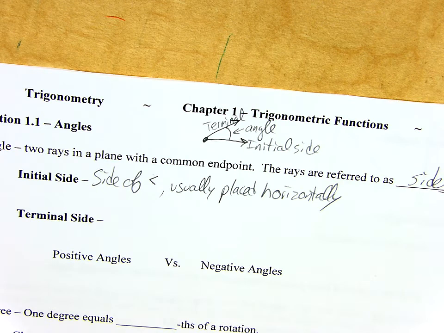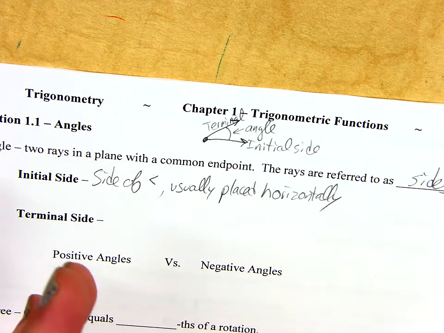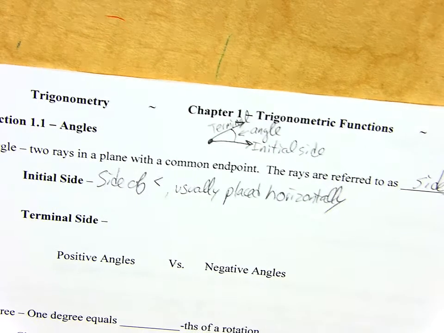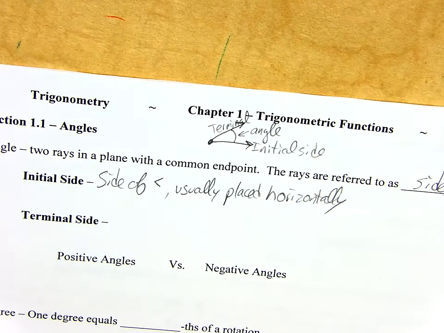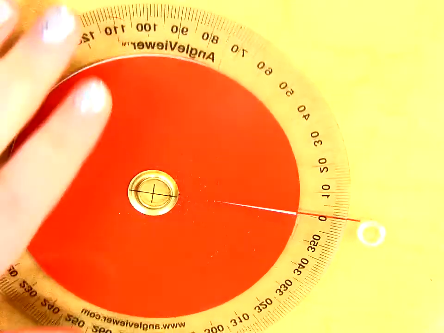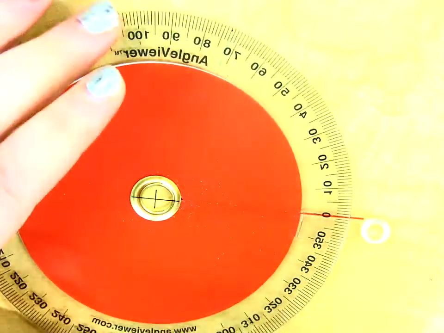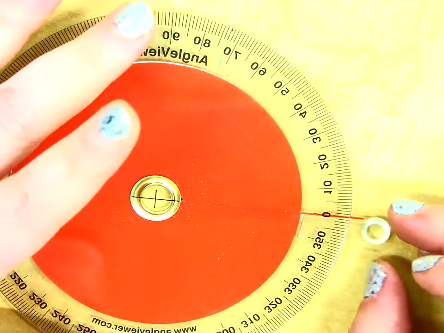And then if you think of the two rays both starting in the initial spot, and then I'm going to take one of those rays and I'm going to rotate it. Yeah, okay. So if you imagine, I have here, this is a really cool kind of fancy protractor.